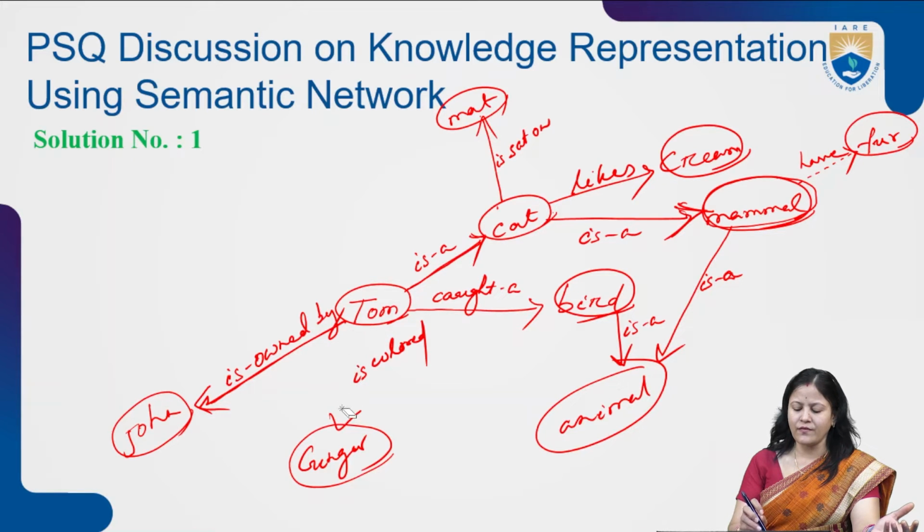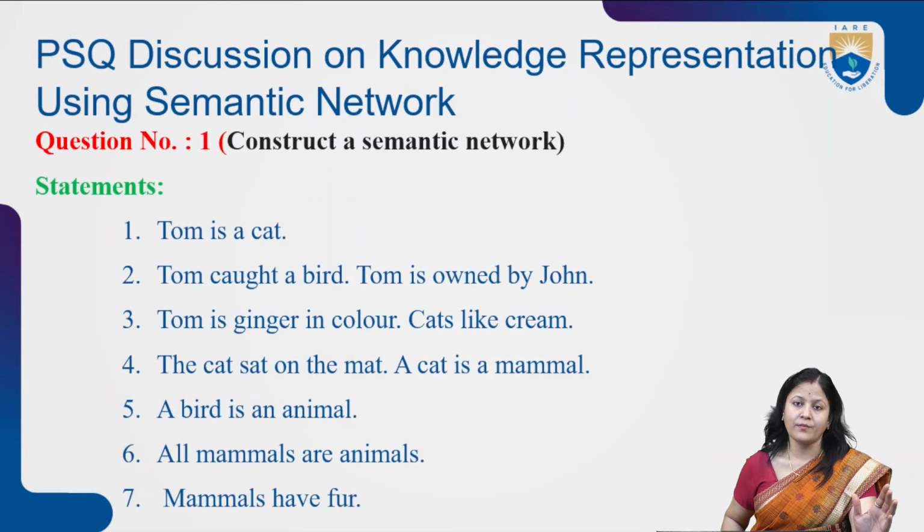So instead of drawing the complete line, you can represent it with the dotted line, so that in the semantic network we can differentiate which one is the class and which one is the attribute. Now, this is the complete diagram for all the 7 statements. I hope you have understood.